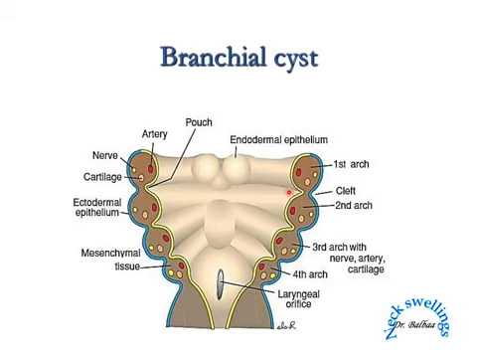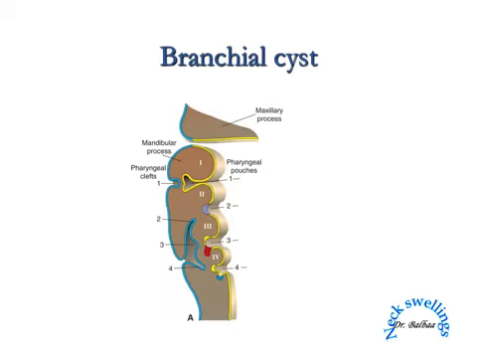From inside I have something called pouch, and from the outside I have something called cleft. What will happen? This is only one side of these pharyngeal arches or branchial arches, that at the 7th week of gestation, I will have a process that will develop from the second branchial arch, from the ectodermal side, as we know here.